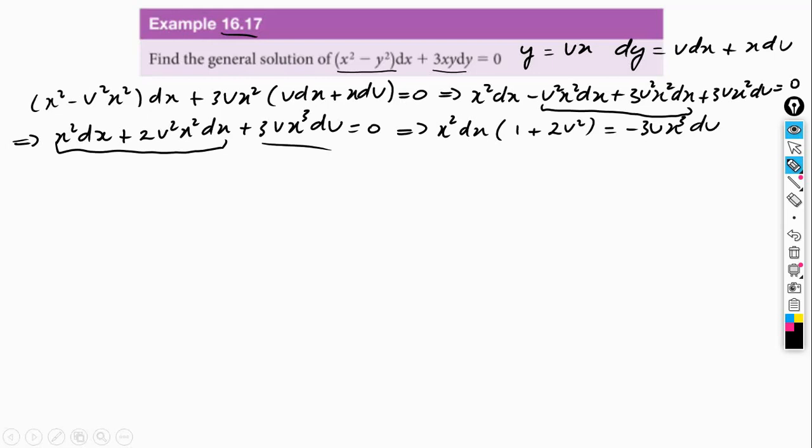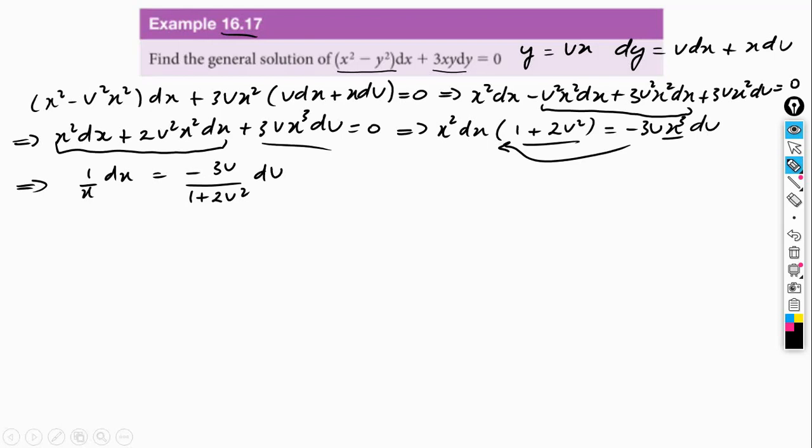And now we can send this x cubed to the left-hand side, and this expression we can send to divide to the right-hand side. So now we're going to get 1 over x dx is equal to minus 3v over (1 plus 2v squared) dv.